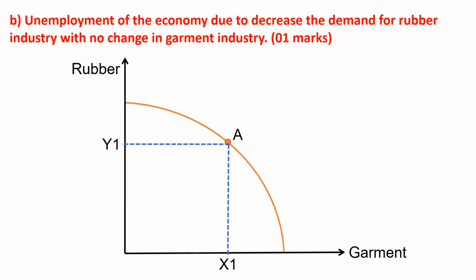So the unemployment reason is lack of demand for rubber with no change in garments. Due to rubber industry unemployment, the economy faces unemployment. Now you should decide where the A point should go. Right?